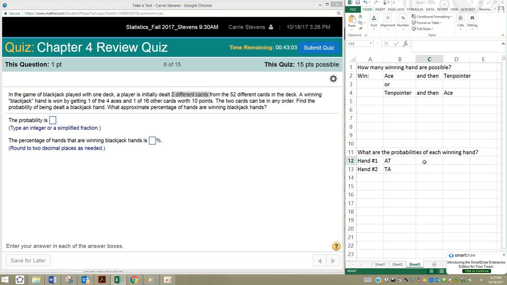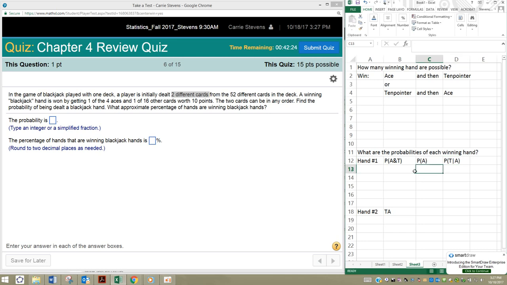So the probability of an ace and then a 10-pointer is equal to the probability of an ace on the first draw times the probability of a 10-pointer on the second draw, given that I have an ace on the first draw.